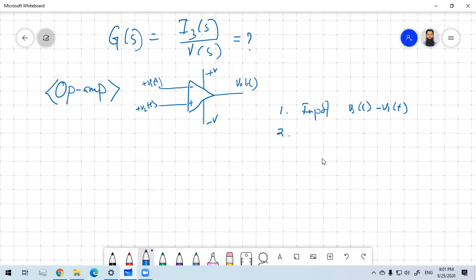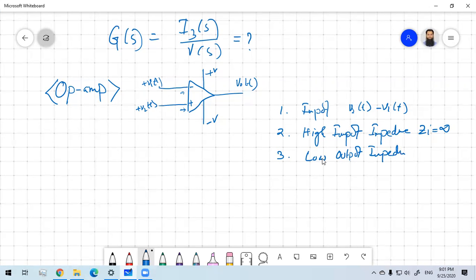Number two is very high input impedance. Zin is ideally infinite, so that no current is actually flowing inside the device. Then you have a very low output impedance, so Z0 is actually 0.